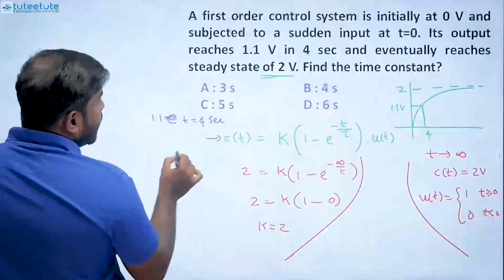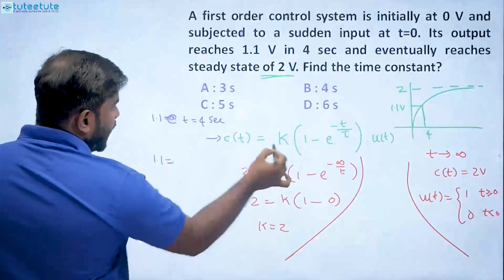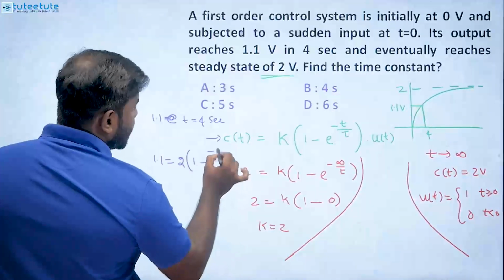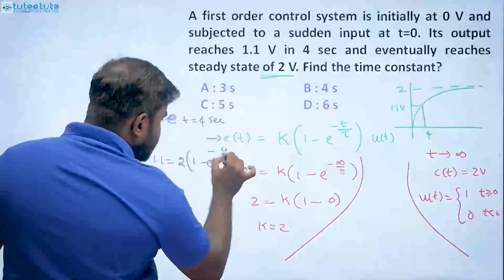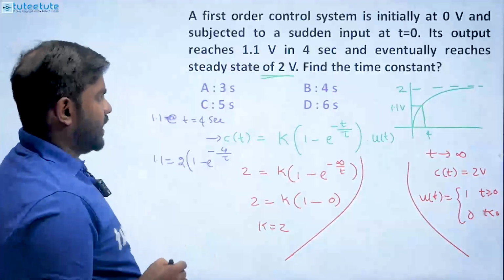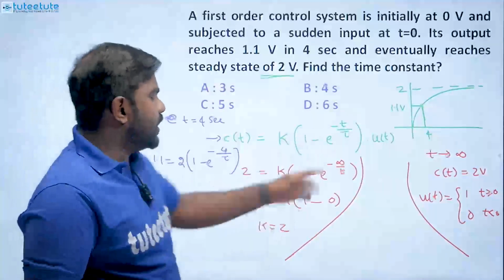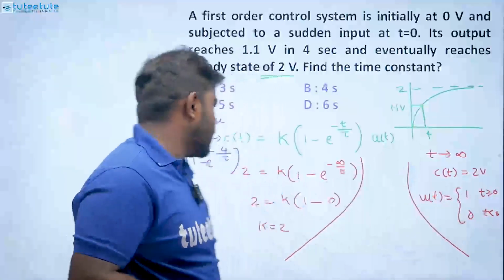So it gives 1.1, and k we got as 2. So 2 times 1 minus e raised to minus, time is given as 4 seconds, time constant we have to find. The u of t you don't necessarily need, I told you it will be 1 itself.